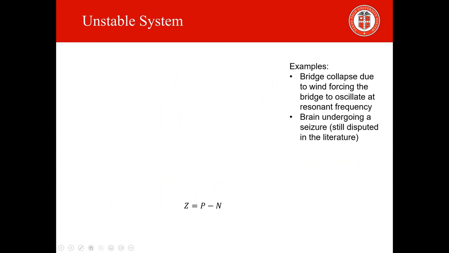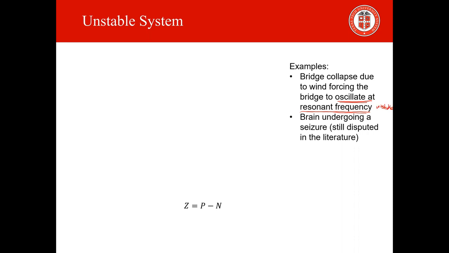You probably have seen videos of a bridge collapsing because of wind, forcing the bridge to oscillate, and it oscillates at what's called its resonant frequency. Basically when it does this, it will cause a system to be unstable.